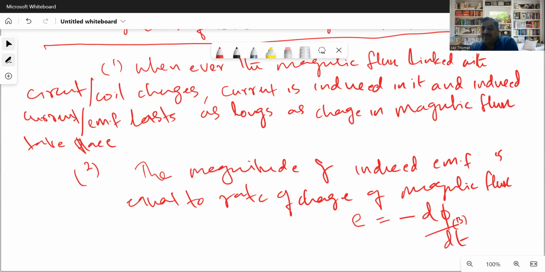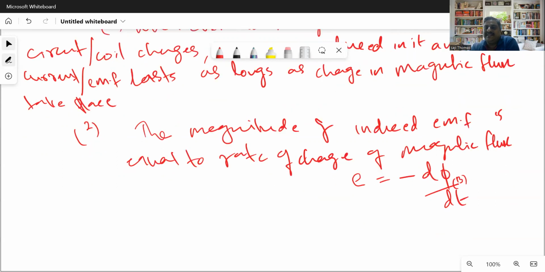The magnitude of induced EMF is equal to the time rate of change of magnetic flux. E is equal to minus d phi by dt. There is a negative sign. It shows that the induced current or EMF has an opposing nature. This is Faraday's laws of electromagnetic induction.